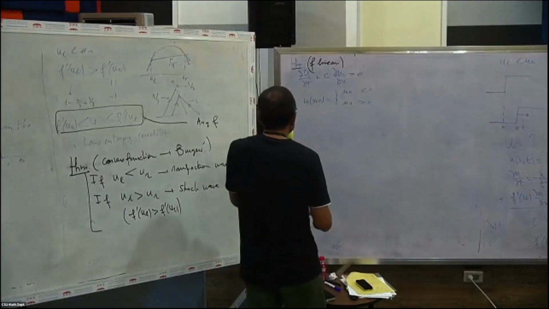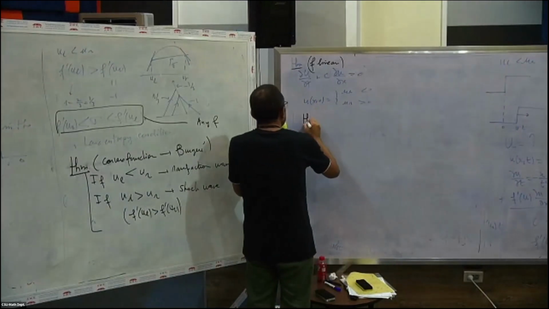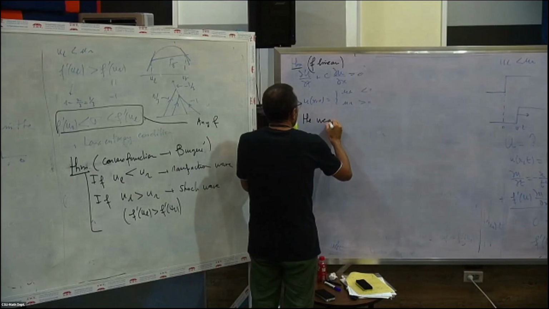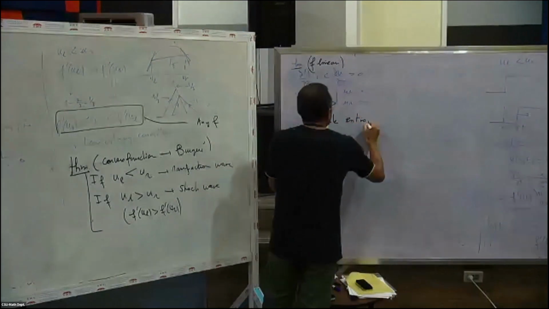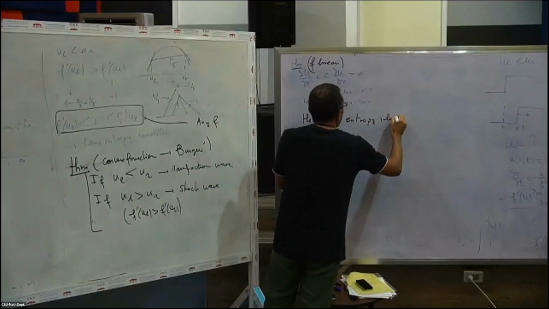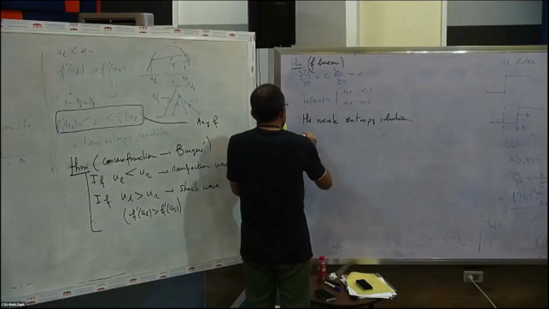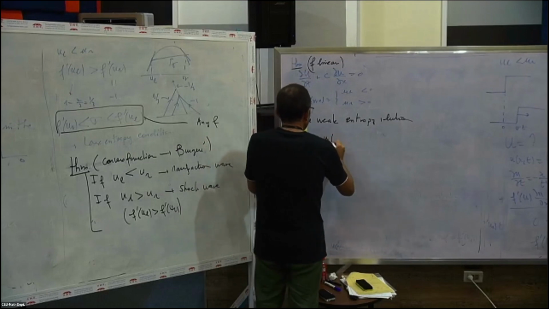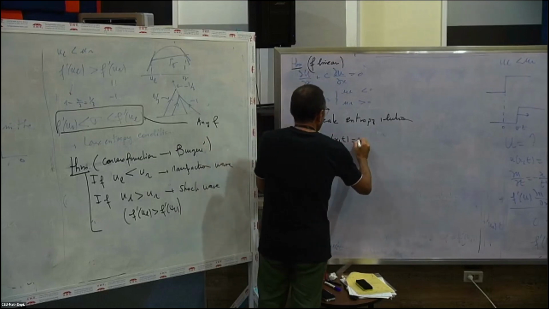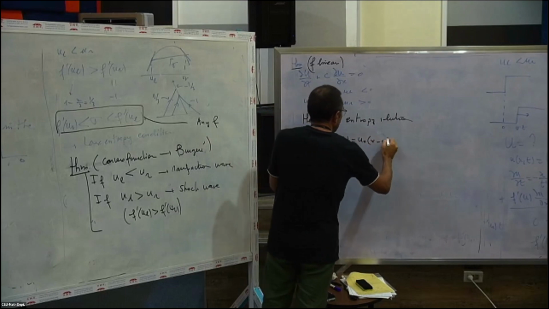So what happens in this case? Theorem: the weak entropy solution is u(x,t) = u0(x − ct).